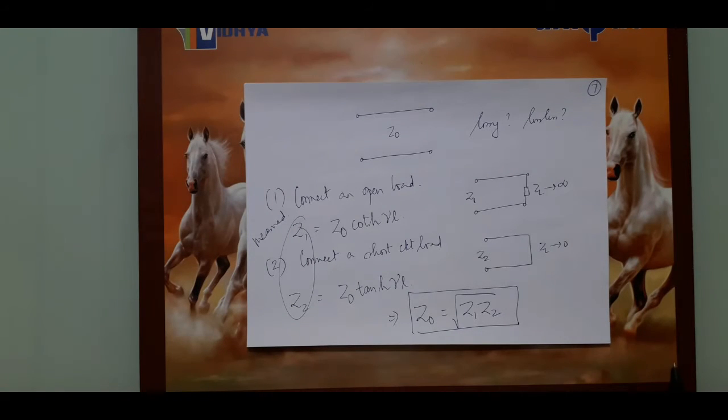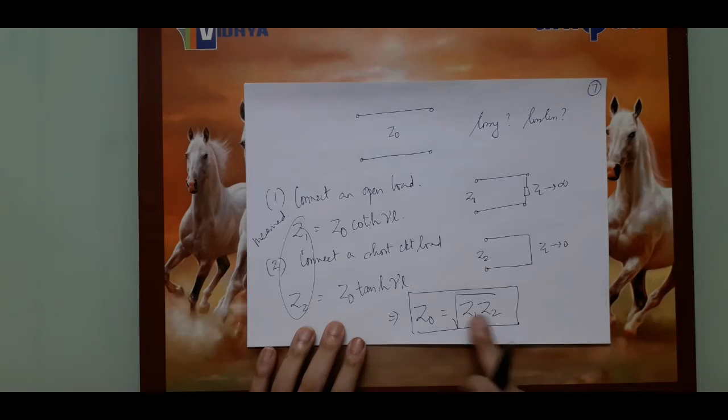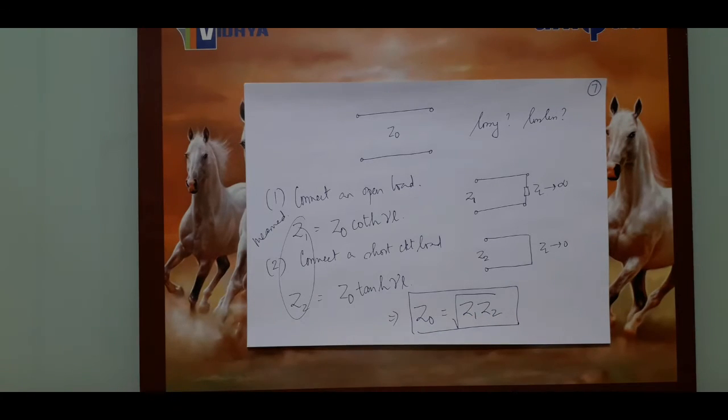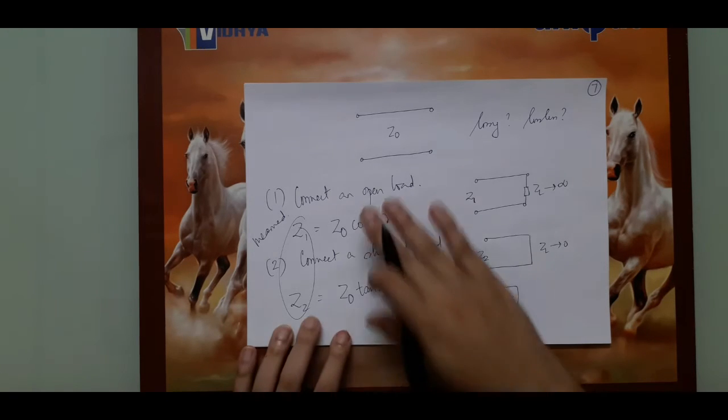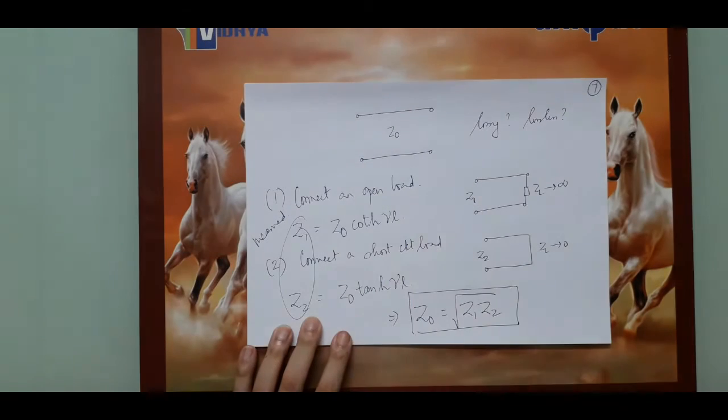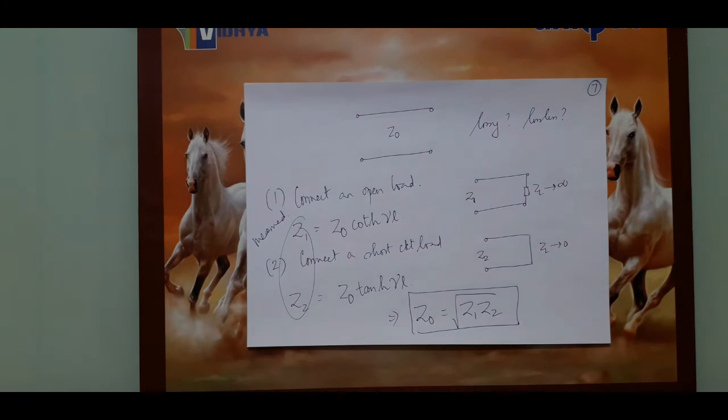So now we have got Z0. Depending on whether Z1, Z2 are real or complex, even Z0 will be real or complex accordingly. So this is a good method through which you can measure the characteristic impedance of any line, whether it is lossy, lossless, low loss, whatever.